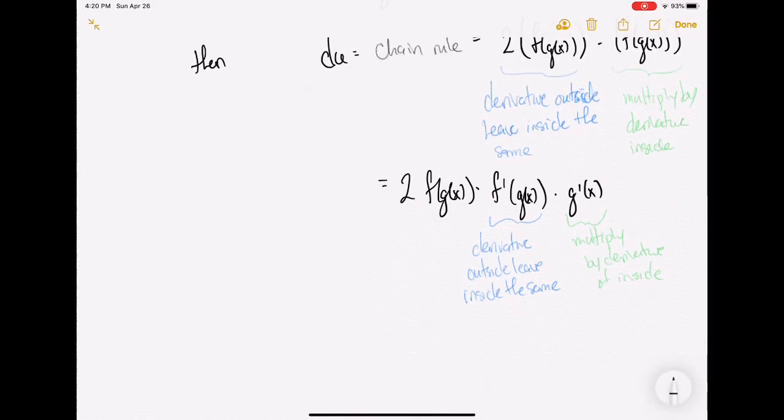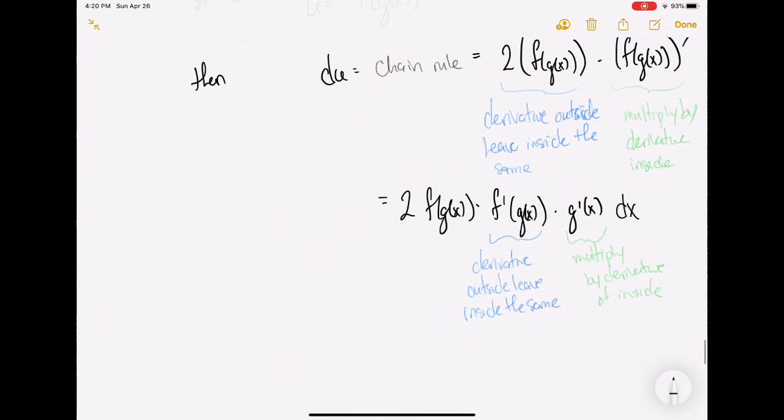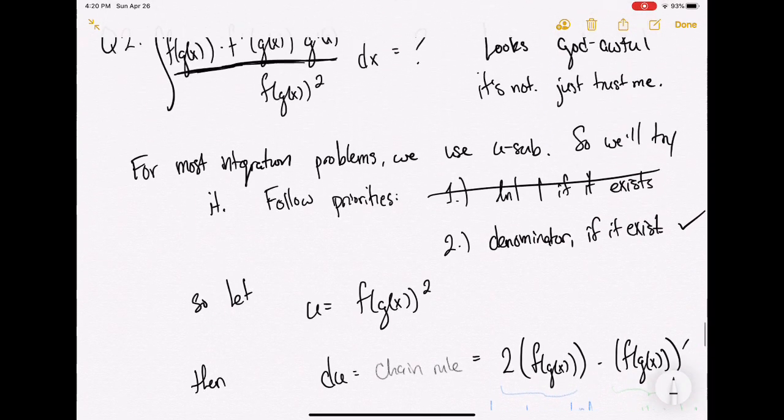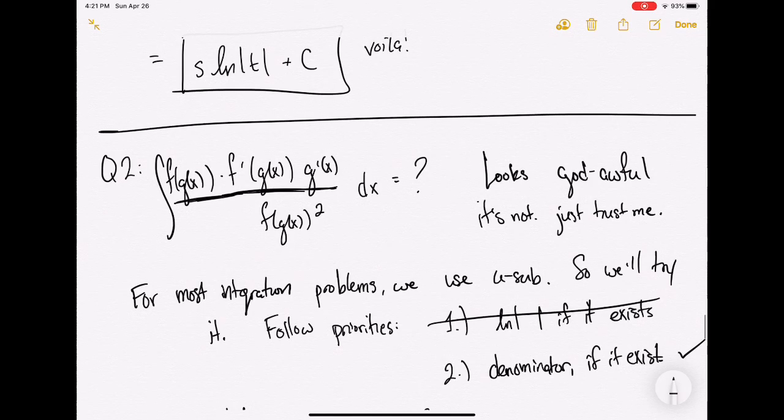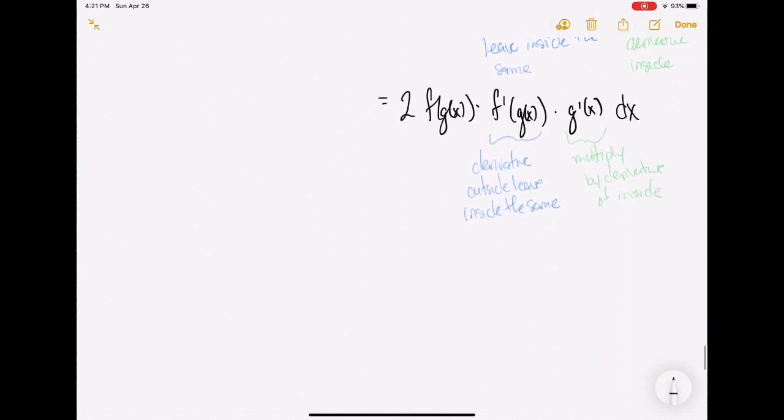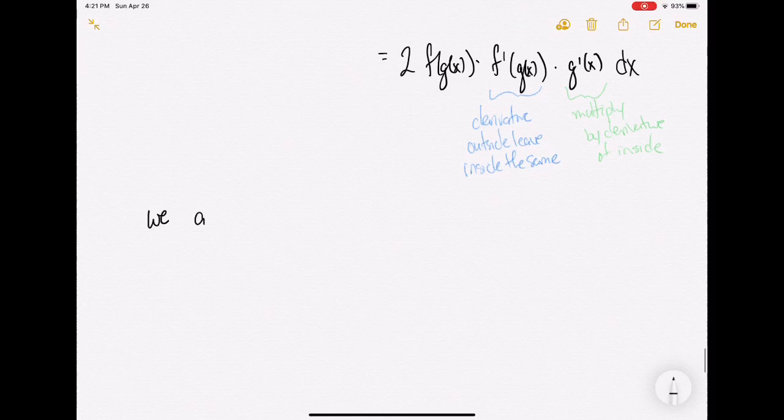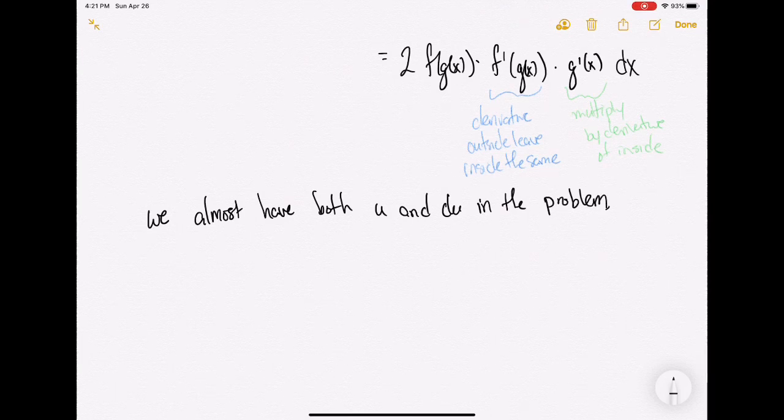Cool. And there's always dx at the end of the du's. So now, do we have both u and du in our problem? Almost. But we're missing the 2 out front.